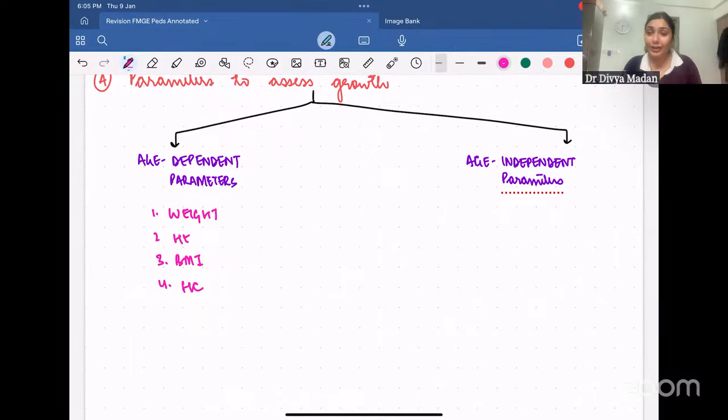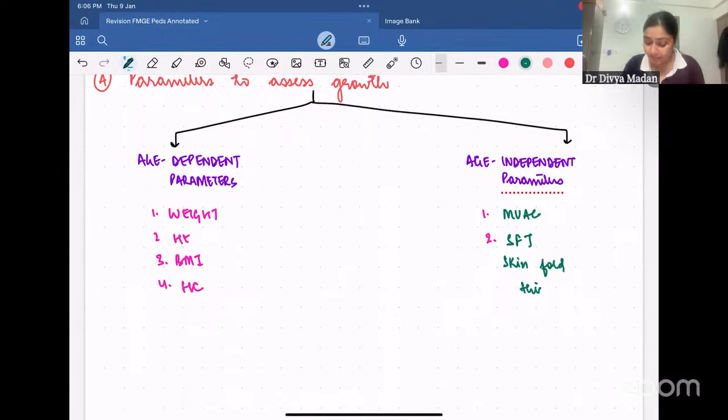These are your age-dependent parameters. What are age-independent parameters? Age-independent means irrespective of the age of the individual, the parameters are going to be the same, right? The yardstick is going to be the same. So these include two, the important ones. These are mid-upper arm circumference and skin fold thickness. We are going to read about them a little more further. SFT is skin fold thickness, right?